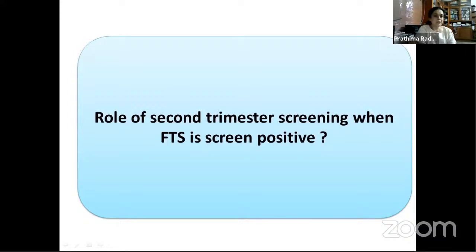If it has not been done properly, then I don't think you should consider that at all, irrespective whether it was screen positive or screen negative. You just go with the mother's a priori risk. Because at the end of the day, although you want to be very reassuring to the couple, you also need to put on paper the worst case scenario, because that's what people come to doctors for. If everything is going well, healthy, nice, everything is beautiful, hunky-dory, nobody wants a doctor. They want a doctor to find out if there is any problem in the baby.